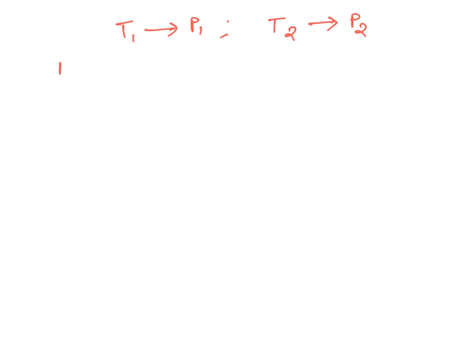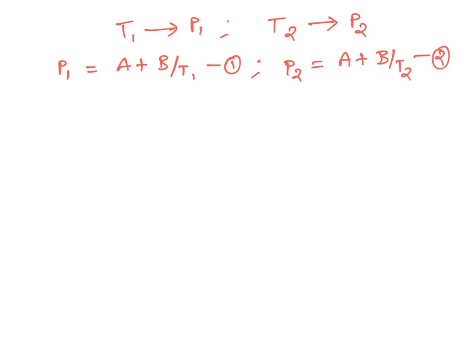Equation 1: P1, the polarization at temperature T1, equals A plus B by T1. Similarly, equation 2: polarization P2 at temperature T2 equals A plus B by T2.